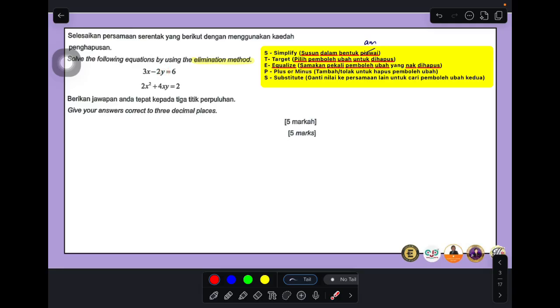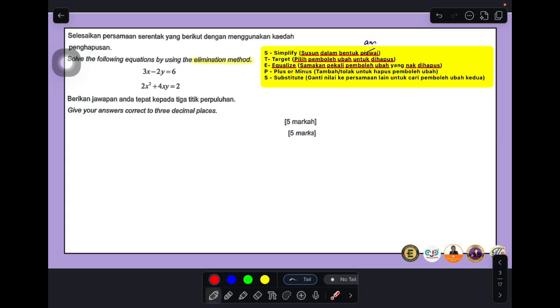Make sure that on top and bottom the coefficients are the same. 2 and 4 you cannot eliminate, right? So the coefficients must be the same value. Then after that, only you plus or minus, the step P. Then the last step, you substitute the value into the equation to get the second value.